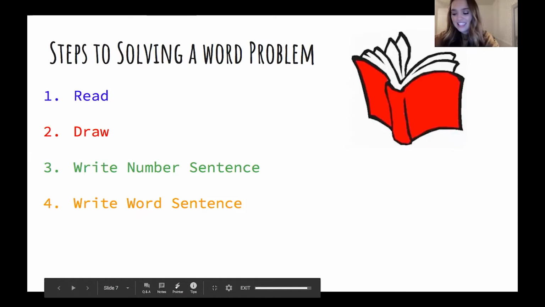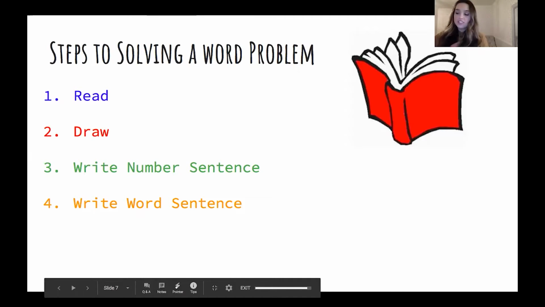Let's see what comes next. 2 is draw. What this means is we are going to draw the tape diagram that we will be using. And of course, I will show you how we do that. So the second step is draw. The third is to write a number sentence. We saw a number sentence before when I was showing you an example.